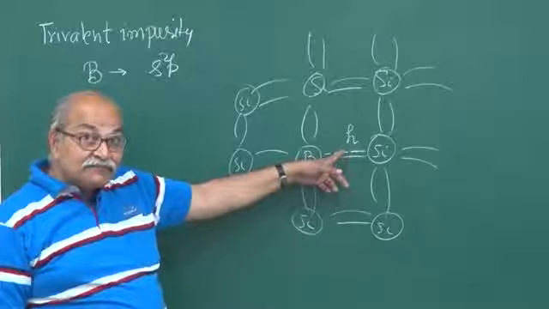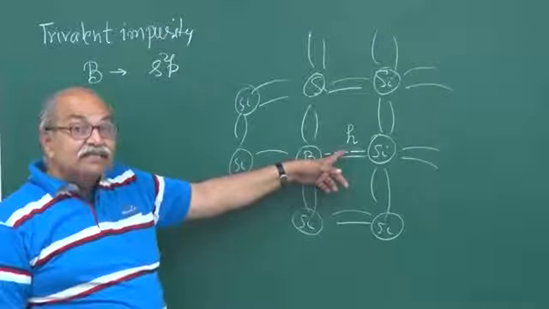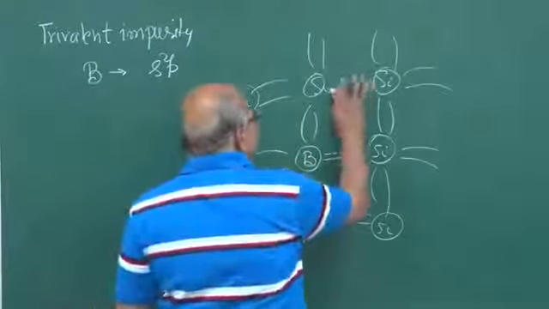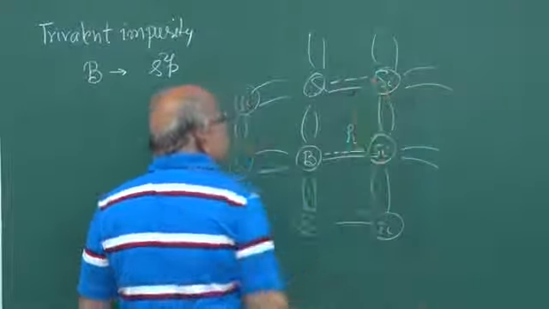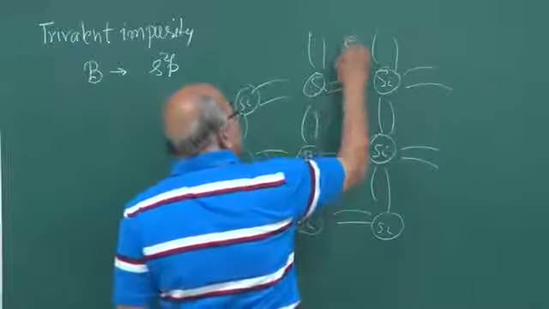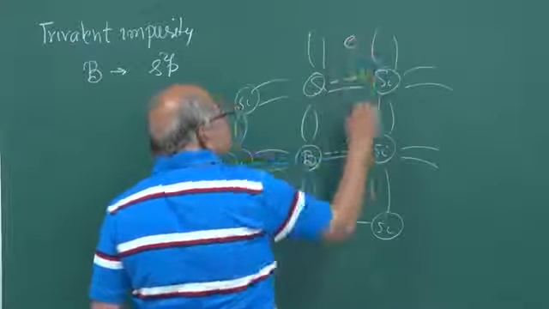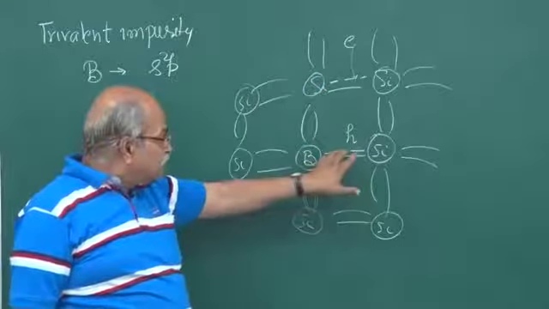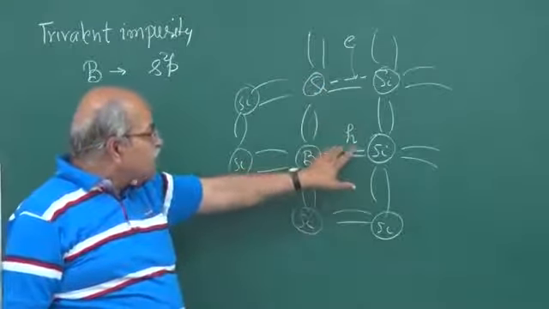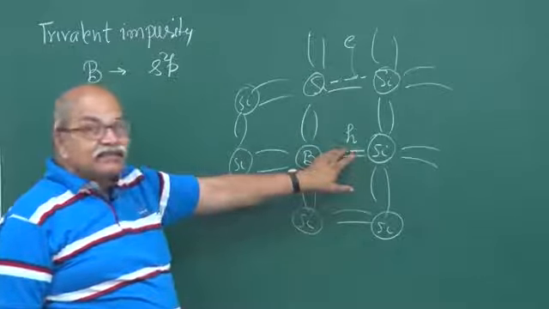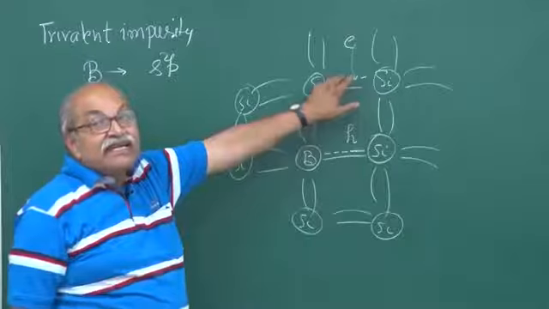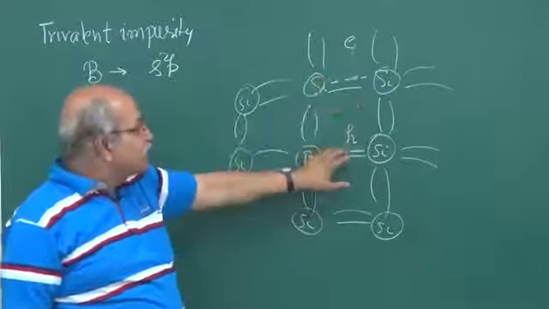What does that mean? You are creating new energy levels. If a bond is broken here and some electron goes and sits here, it has some energy. But if the bond is broken here and an electron comes and sits here, this energy is slightly different from the other.